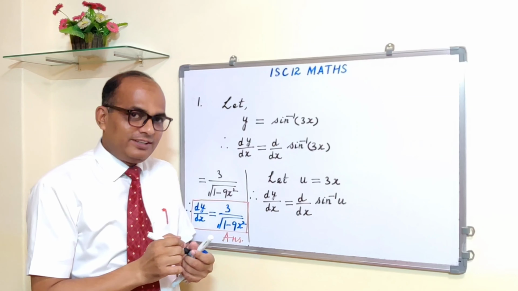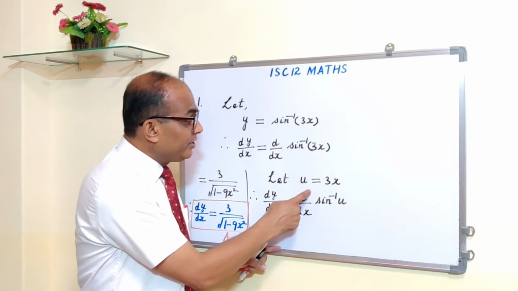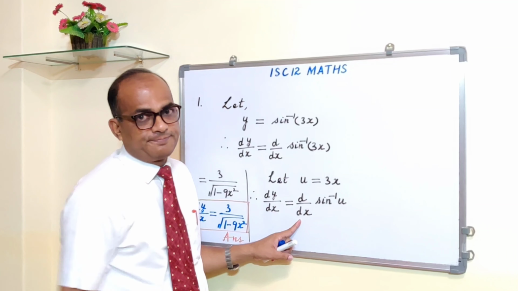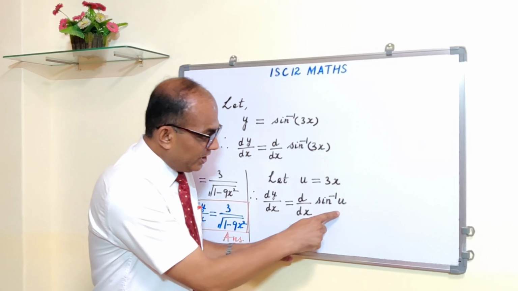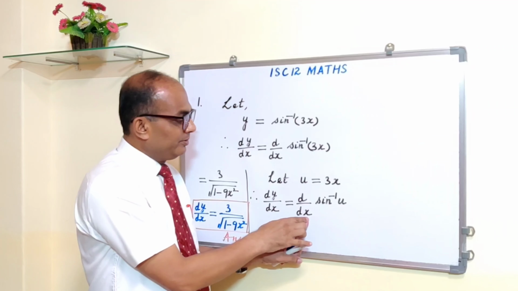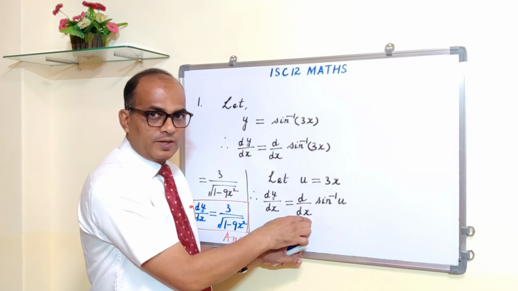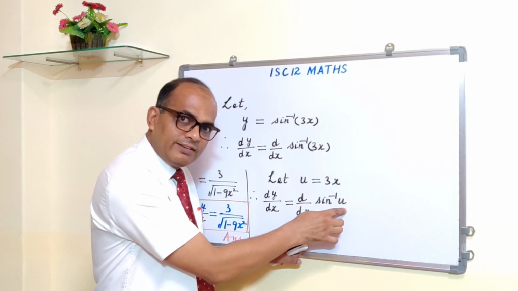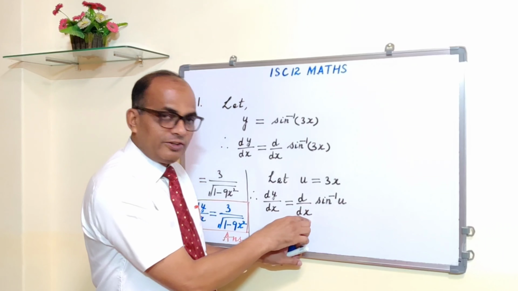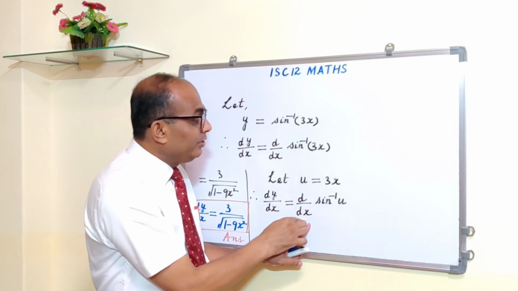Interesting and very easy. Now see, d dx, differential coefficient with respect to x of sine inverse u. The function is in u, you cannot differentiate with respect to x. It should be u. If the function is in x, then with respect to x. If the function is in z, then with respect to z. Fine. That means we should write down here d du of sine inverse u.